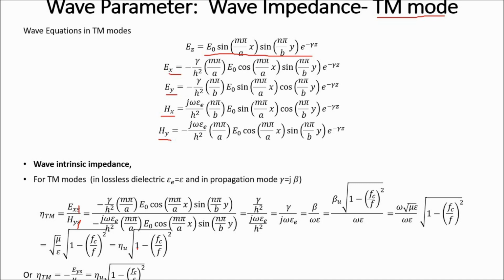In TM mode, the impedance will be much smaller than the unbounded impedance. But for TE mode, the impedance of the waveguide will be higher than the unbounded impedance. We also can find the impedance by taking the Ey component and the Hx component, but don't forget to put this minus sign here.